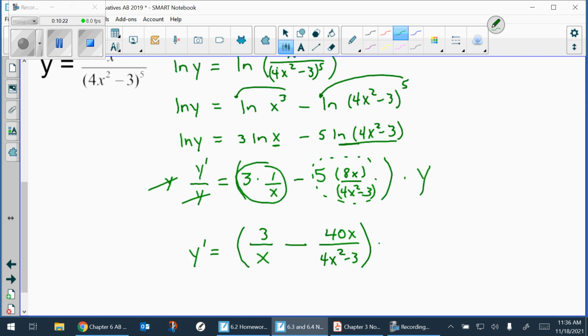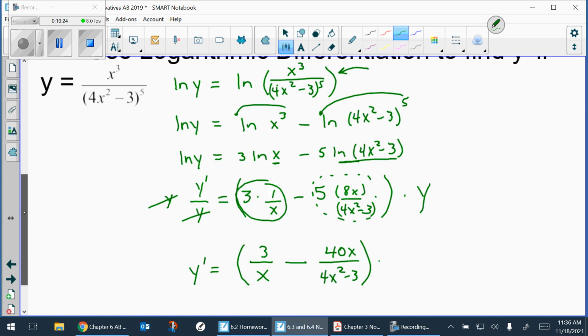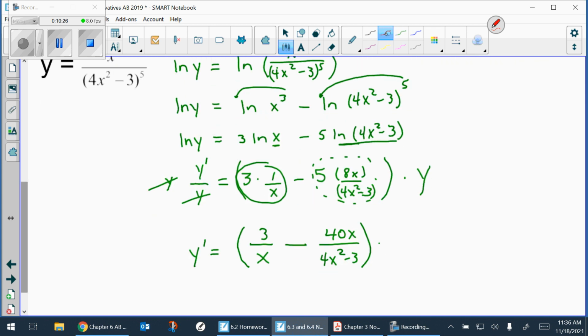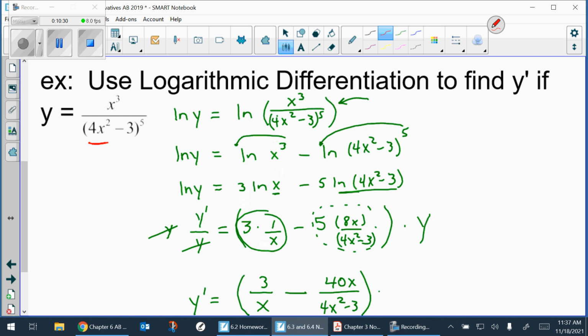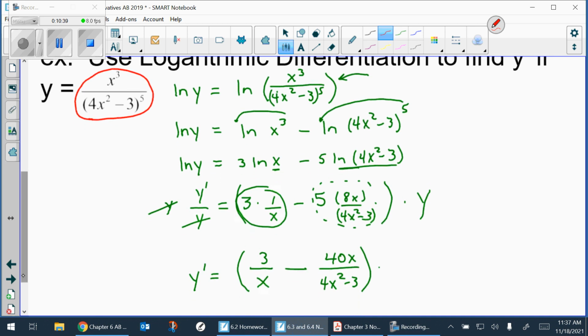Y prime can't have y's in it. Instead of writing y, what I'm going to write is what y is equal to. I want my derivative to be in terms of x's. So instead of writing times y, I'm going to write times x cubed over 4x squared minus 3 to the fifth.